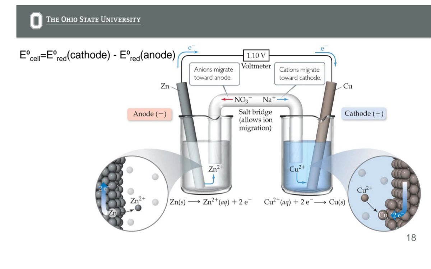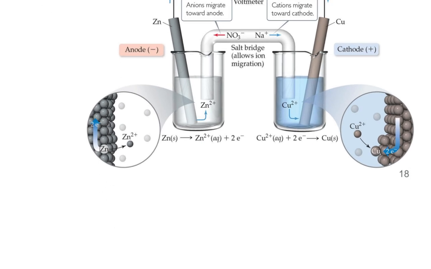If we look back at the zinc and copper galvanic cell that we looked at before and calculated the cell potential, again, we need to look up the reduction potentials for our zinc and copper half reactions.